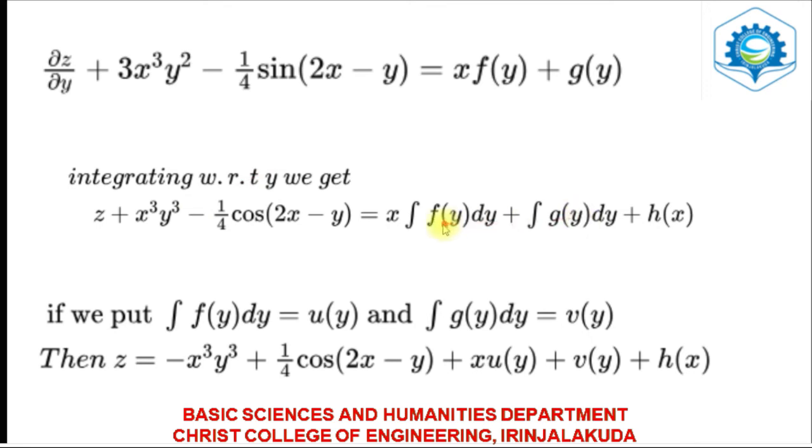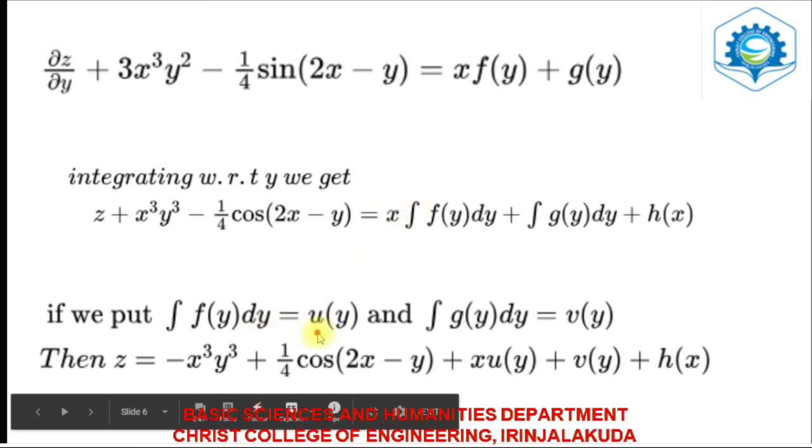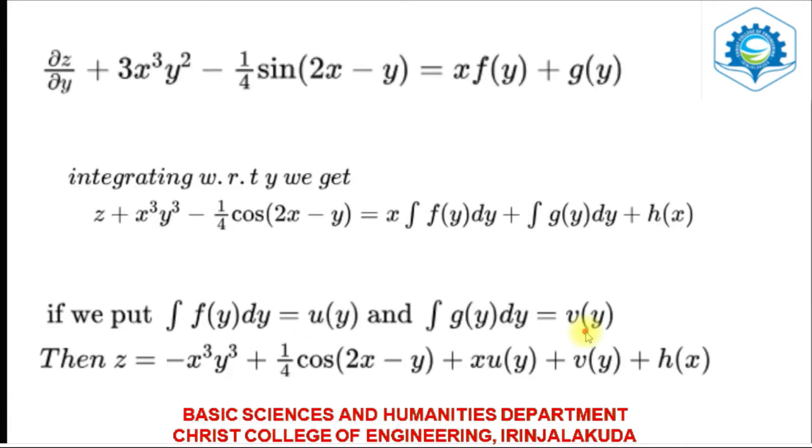Now let us replace this. If we integrate a function in y with respect to y, we get a function in y, no problem. Let us replace that by arbitrary functions u(y) and v(y). What we get is z equals minus x³y³ plus 1/4 cos(2x − y) plus x u(y) plus v(y) plus h(x).